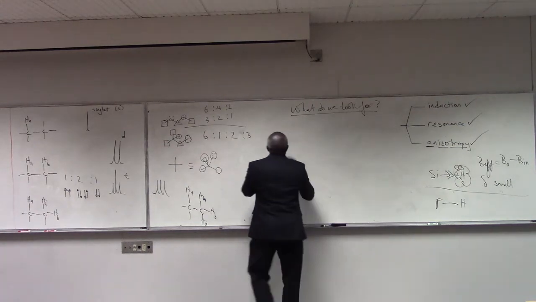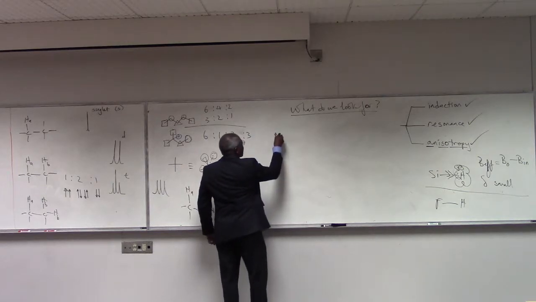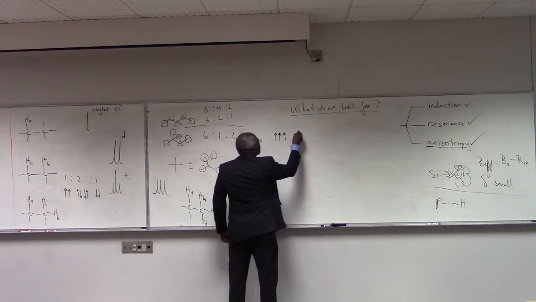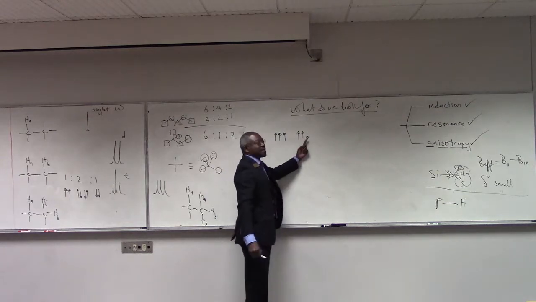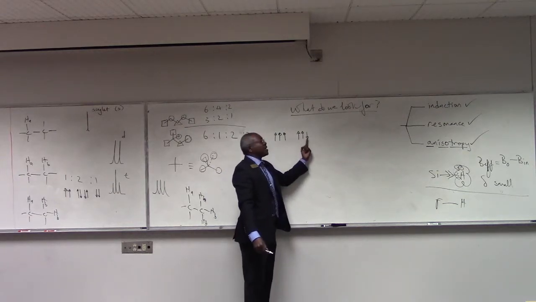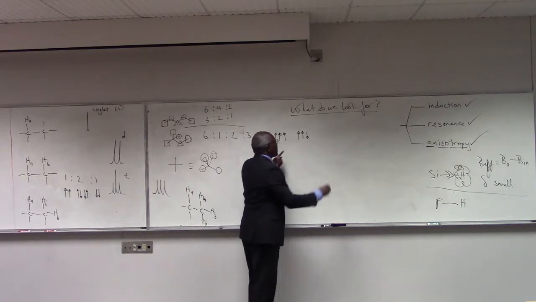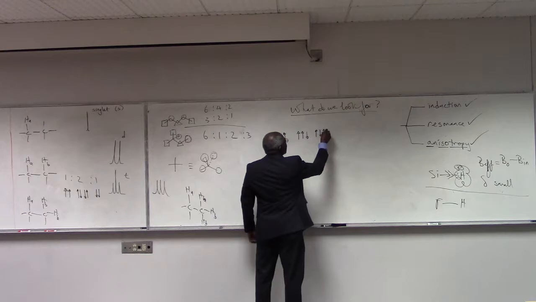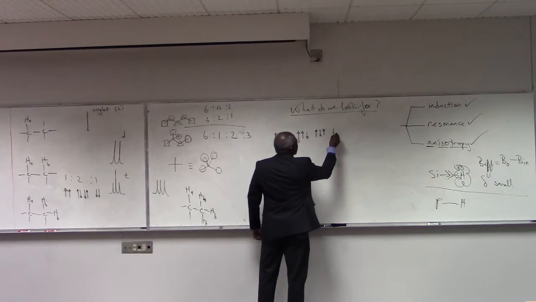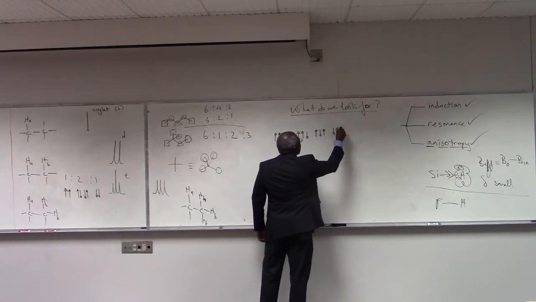Right? So I've got all 3 up, 2 up, and 1 down. And I'm going to do this systematically. I'm going to take the down one and slide it across until it becomes on the far left. 2 up and 1 down. 2 up and 1 down.